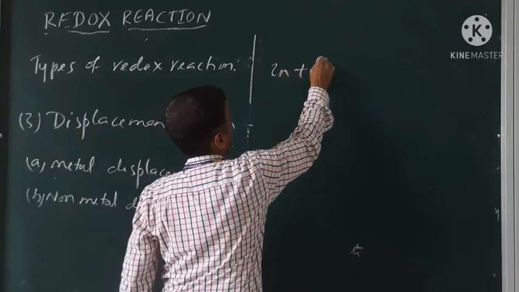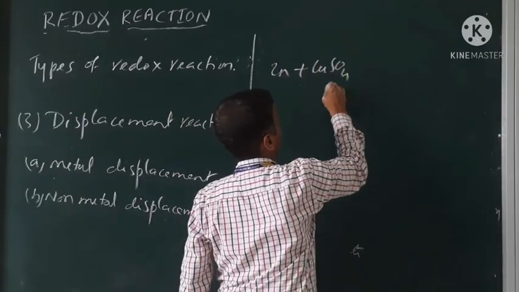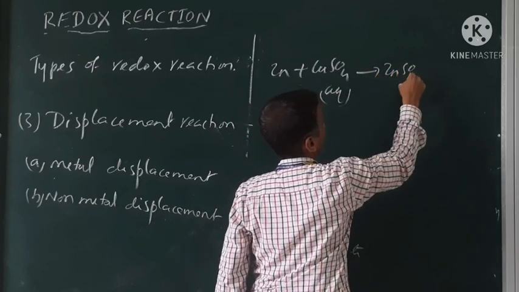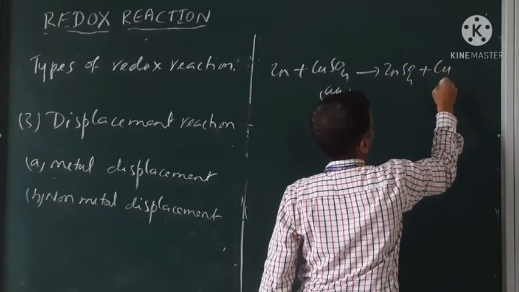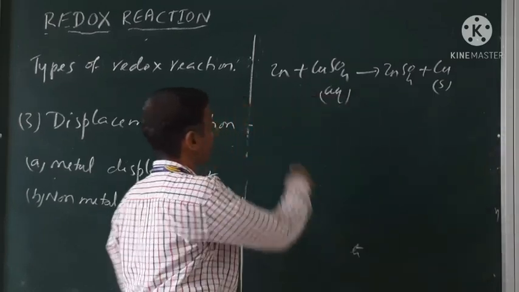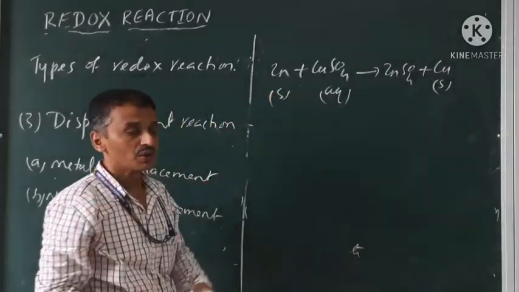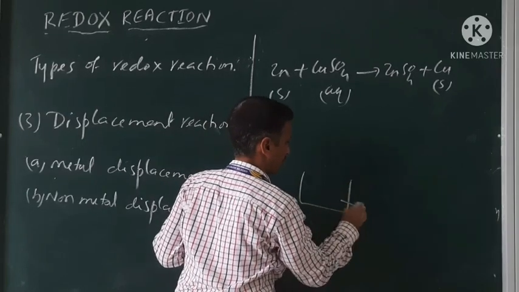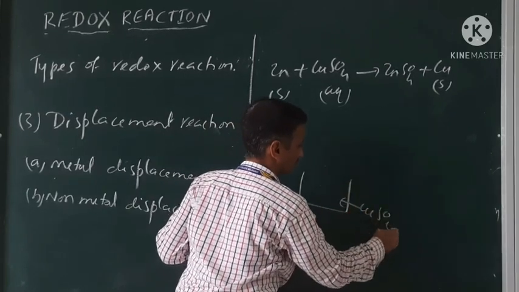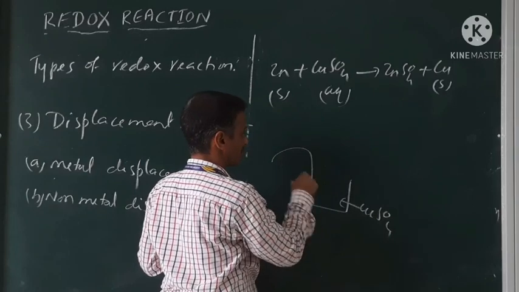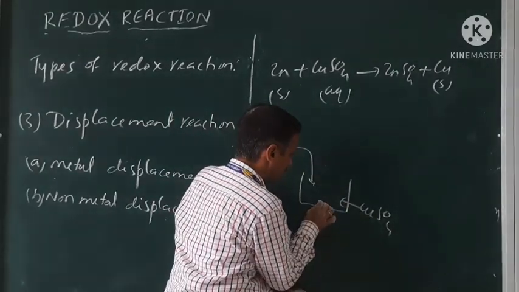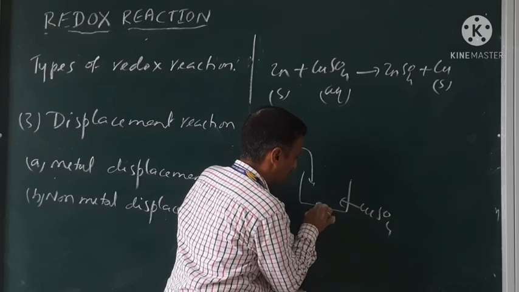Zinc is treated with copper sulfate aqueous, giving zinc sulfate plus copper solid. When you take copper sulfate in a vessel and zinc is added, the copper sulfate will be converted into copper and get precipitated here.